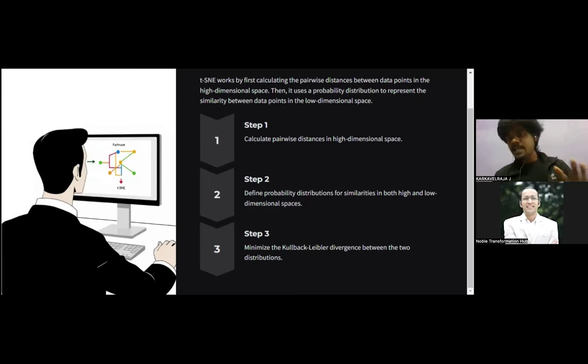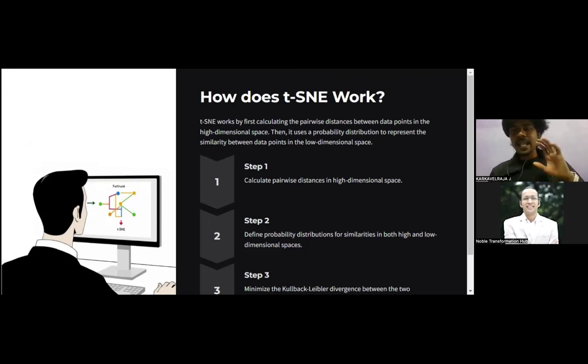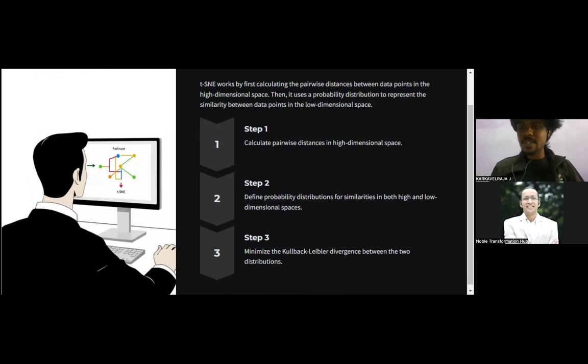Putting it simply, t-SNE is a dimensionality reduction technique. It calculates the pairwise distance between the data points, finds the probability distribution, minimizes the divergence, and maps the high dimensional data points to a similar distance in the low dimension. That's it. This is how t-SNE works, as a gist.